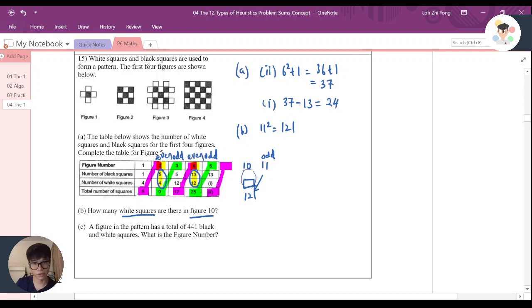So we use 121 divided by 2, which is actually 60.5. And we know the white square is always the lower one, because 60.5 is either 60 or 61. And we know that the white square is the one with the lower number. So the answer for B is actually 60.